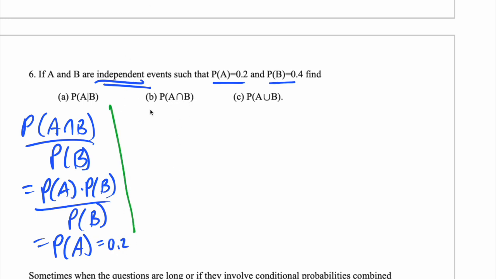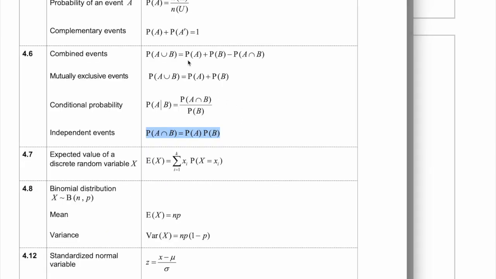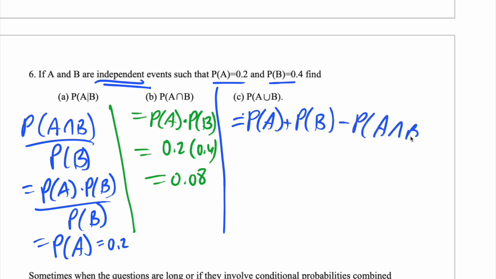Now they are independent, so the probability of A and B equals the probability of A times the probability of B. You can only do that if you know they're independent. And this is 0.2 times 0.4, which is 0.08. The union, well, we can use that first formula in our booklet again: the probability of A plus the probability of B minus the probability of the intersection.